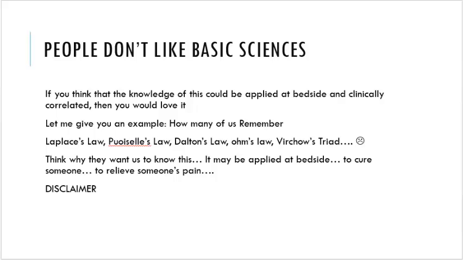Let me give you an example about Poiseuille's law. Poiseuille's law states that the rate of flow of fluid is directly proportional to the fourth power of the radius and is inversely proportional to the length of the tube. How do we apply it clinically? Clinically, you apply it, for example, to whether fluid can be given faster through a peripheral line versus a central line.